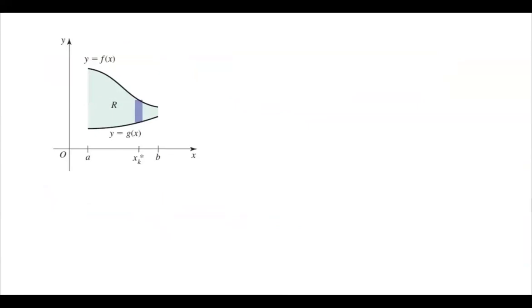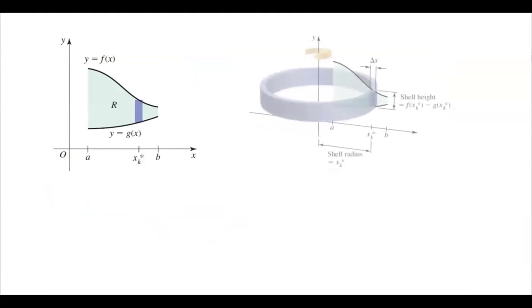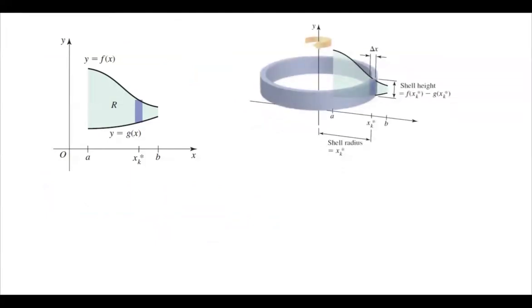Now, suppose you have two curves, f of x and g of x. When you're revolving this region about the y-axis, the shell's height can be written as f of x sub k star minus g of x sub k star. The shell radius is x sub k star.